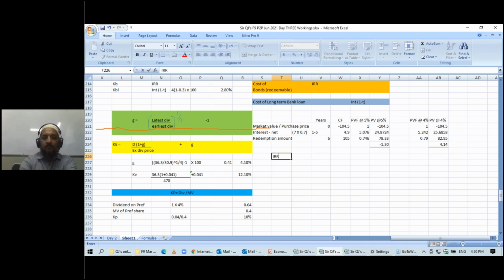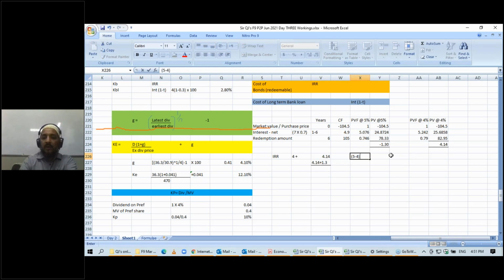Now, putting it into the IRR formula, the lower rate is 4% plus the NPV at the lower rate, which is 4.14 divided by the NPV at the lower rate 4.14 plus, minus becomes plus 1.3, and then multiplied by 5 minus 4.